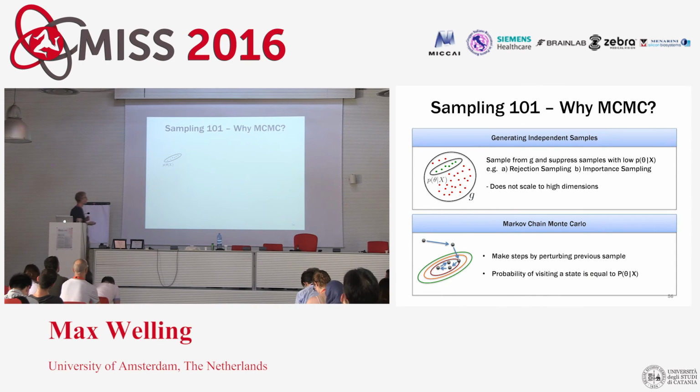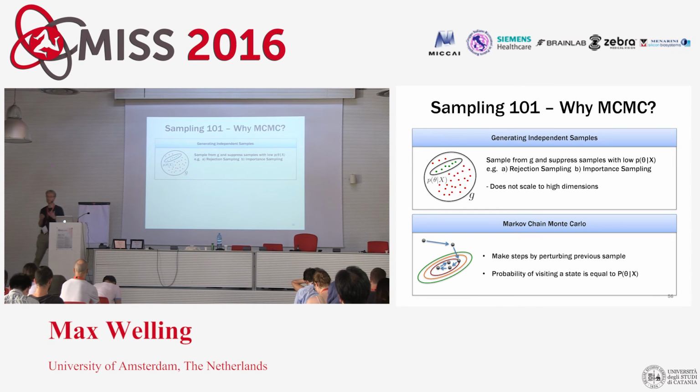Okay, so let's first think a little bit about MCMC. Why do we actually need MCMC? I haven't explained MCMC yet, but I will in a minute. MCMC is a sequential procedure in which you draw samples. There are other ways to draw samples. Let's say that this here is where all the probability is in a two-dimensional space for the posterior distribution that I'm interested in.